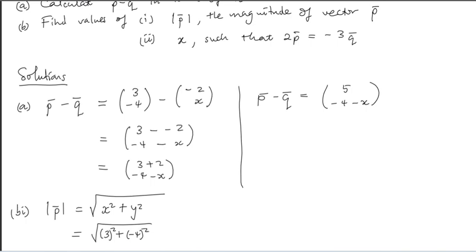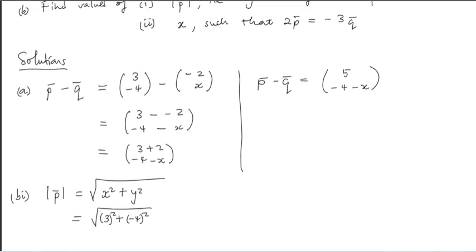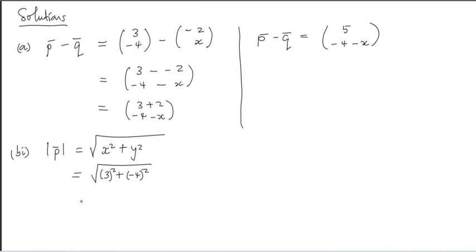Then we need to further simplify this. So 3 squared will give us 9, plus minus 4 times minus 4 will give us 16. Don't make the mistake of bringing negative 16 down here, because minus 4 squared is the same as minus 4 times minus 4.